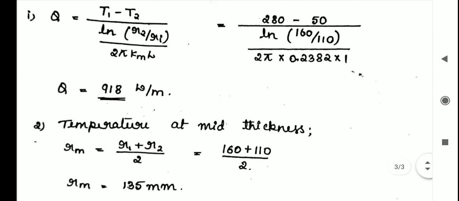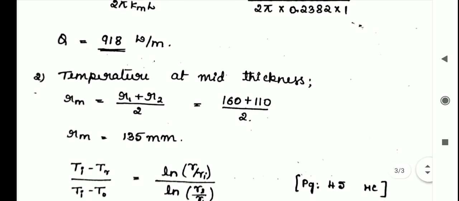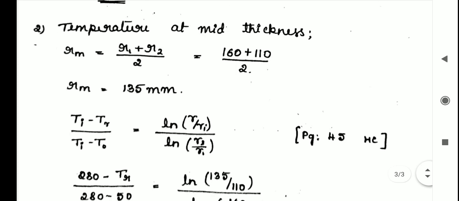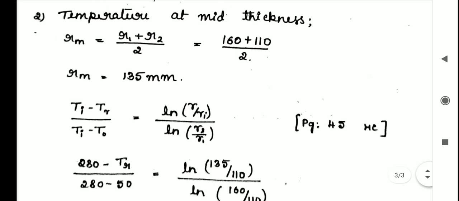The second part of the problem is we have to find the temperature at the mid thickness, right? That is Rm. So Rm is equal to R1 plus R2 divided by 2, that is 160 plus 110 divided by 2. So 135 mm. The temperature distribution formula is on page number 45: Ti minus Tr divided by Ti minus T out, which is equal to ln of R divided by Ri divided by ln of R2 divided by R1, right?